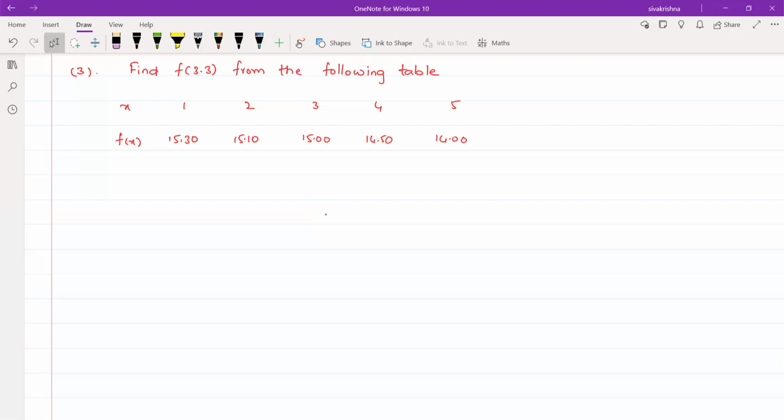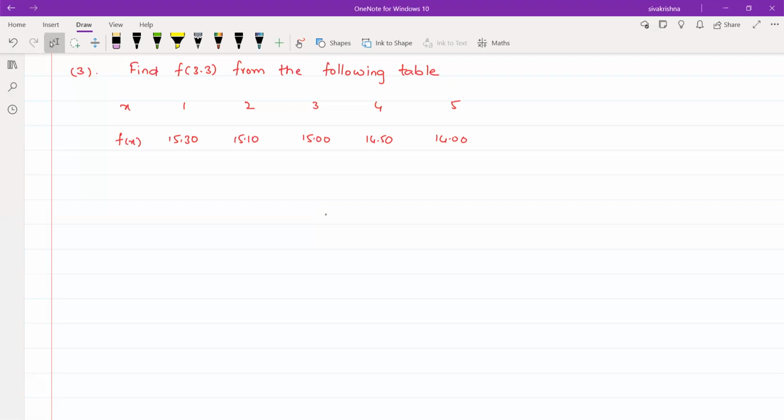Immediately after giving the table, first we have to choose x naught. Since 3.3 lies between 3 and 4, we have to choose either 3 or 4 as x naught. Generally, in Gauss forward interpolation formula, we have to choose the left side value as x naught.